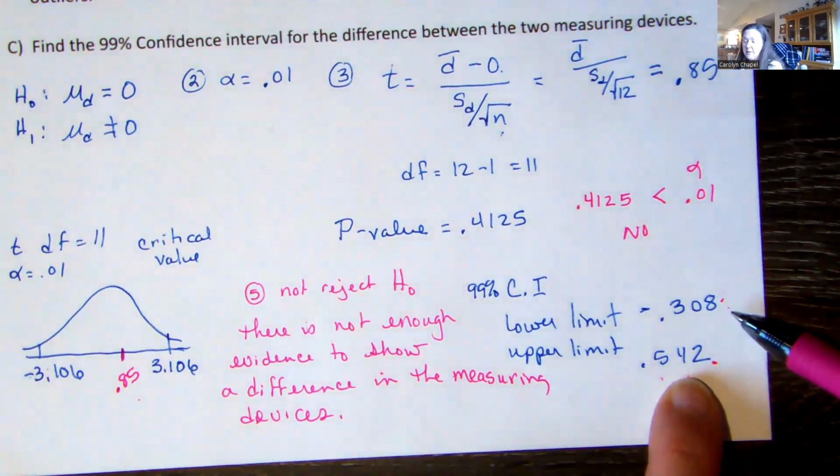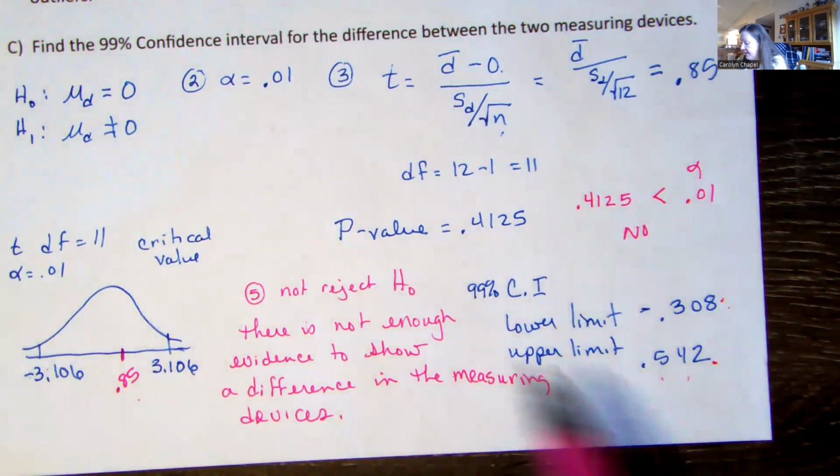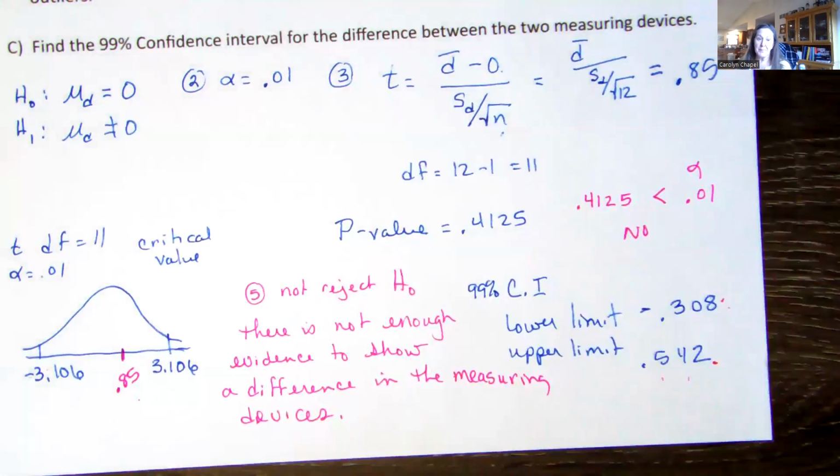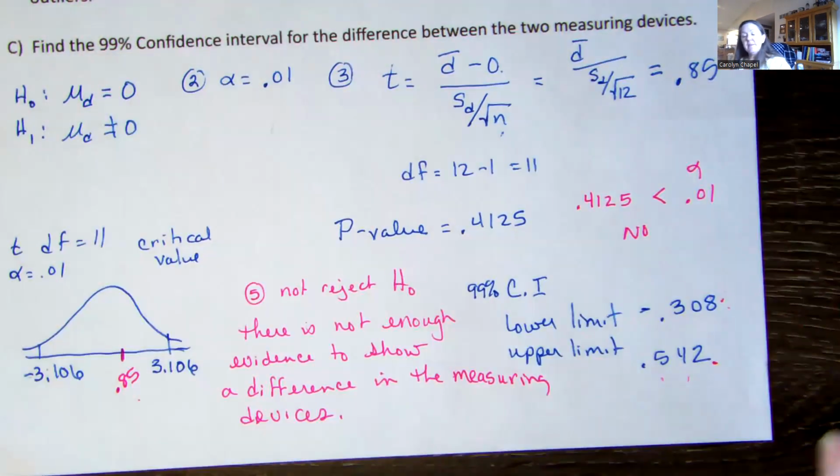And 0 is between those two. So I'm 99% confident that I'm not going to reject that. So there we go. Hopefully you're starting to understand these hypothesis tests and how the confidence intervals all kind of play a role in statistics as we touch on different types of situations.